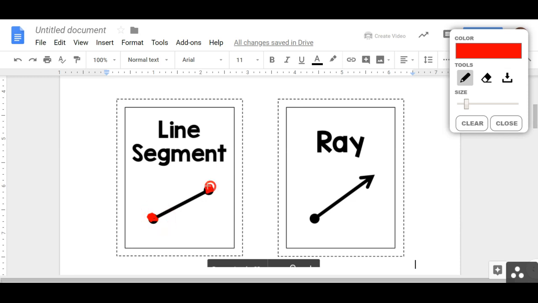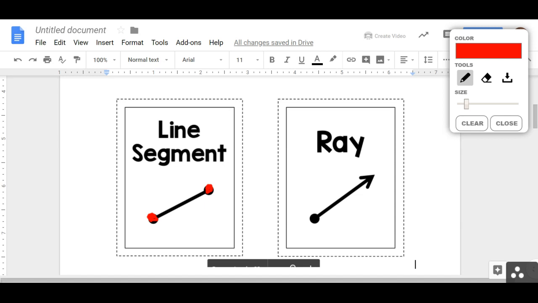What it is, it's a chunk of a line. So if you think of a number line, and let's say I want to take out a chunk between 1 and 4, well, 1 is the starting point of that chunk, and 4 is the ending point of that chunk. So a line segment is really what you guys line up in every day. There's a beginning and there's an end.